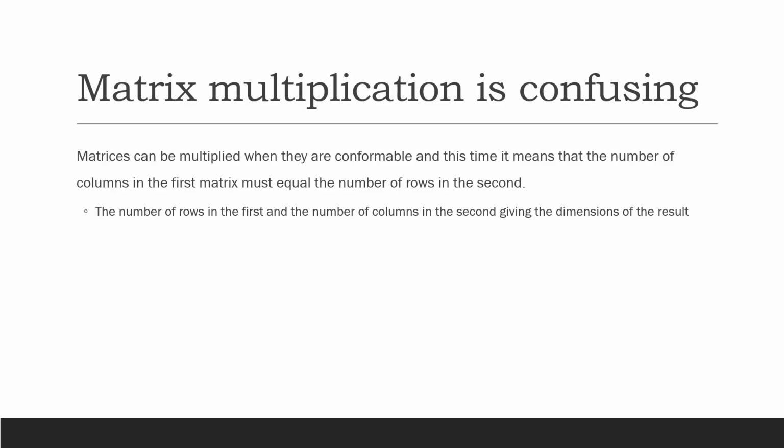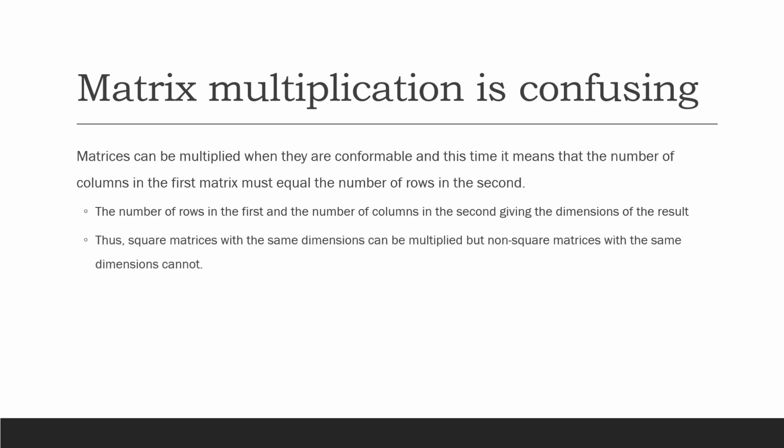And then we get another thing there. The number of rows of the first and the number of columns in the second give you the dimensions of the result. So, square matrices, you know, a 2 by 2 can always be multiplied by a 2 by 2, or a 3 by 3 by a 3 by 3.